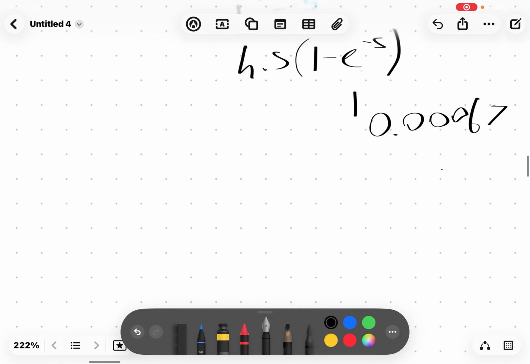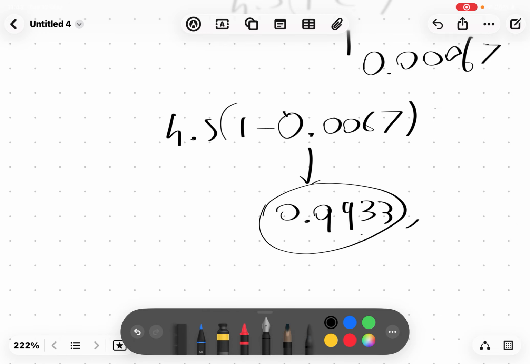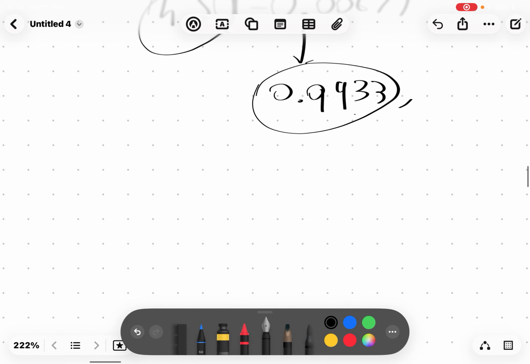And so after that, we have 4.5 times 1 minus 0.0067. And then this whole thing equals 0.9933. So this times this, and so the answer is 4.47 volts. And that's it for today. Thank you. Goodbye.